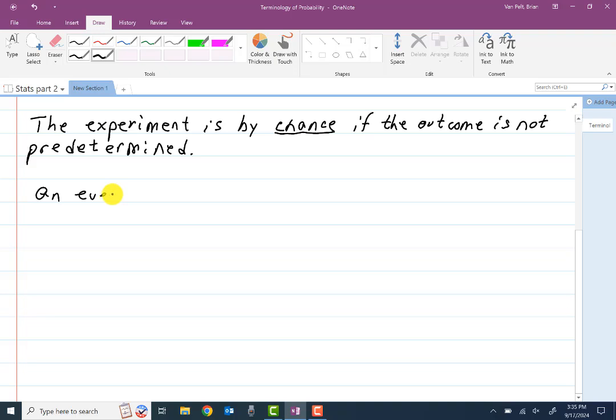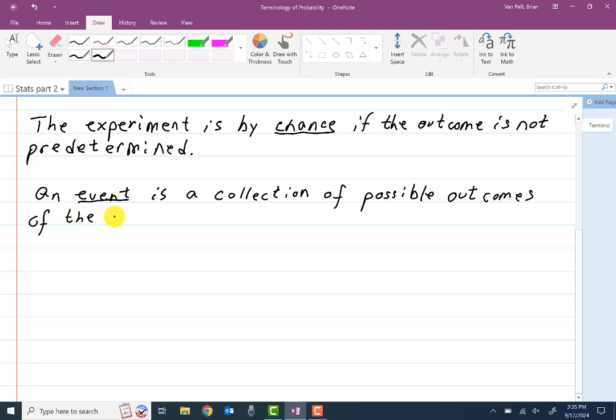An event is a collection of possible outcomes of the experiment. So as a quick example, I can say the event is roll a die.